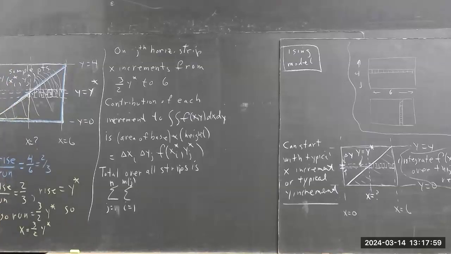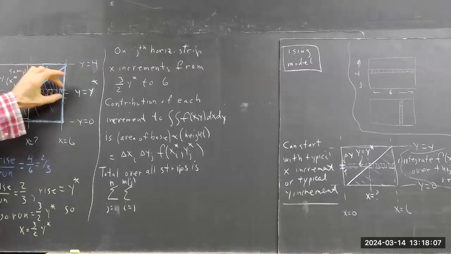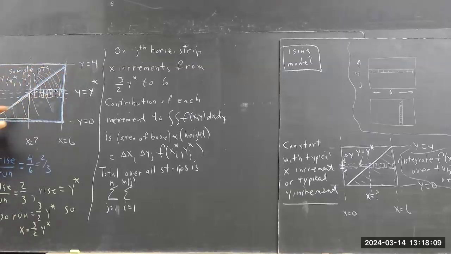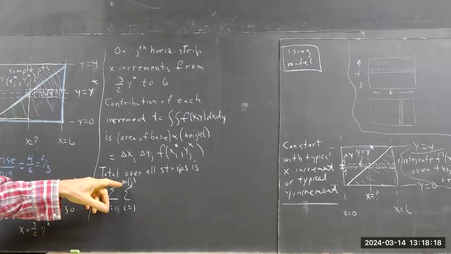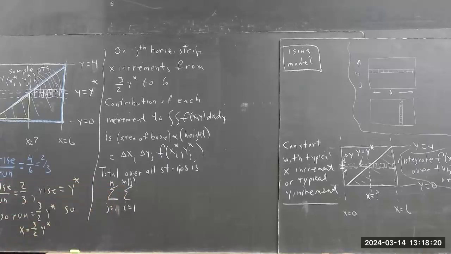But now our y strips are going to go from here to here. So just think of a bunch of little y strips like this, each one a little longer than the other, each one a little shorter than the other as we move up. So we're not going to necessarily use the same M here, so M could depend on j. Doesn't have to, but in general, you'll assume that it does.